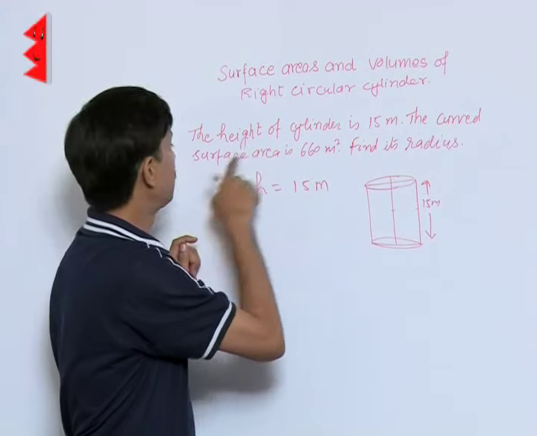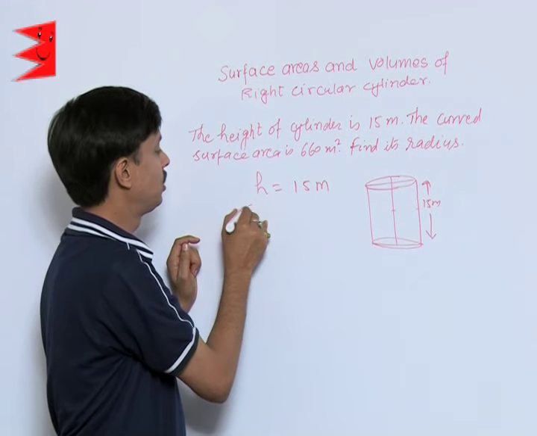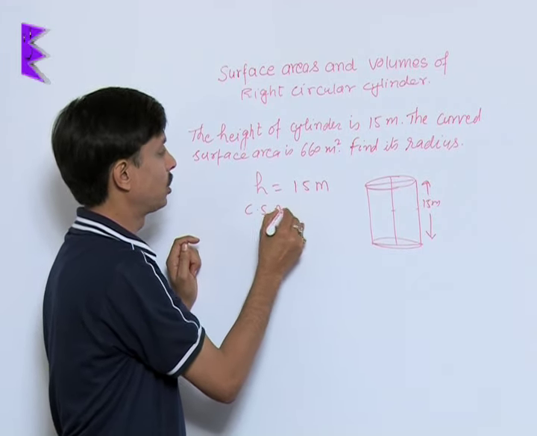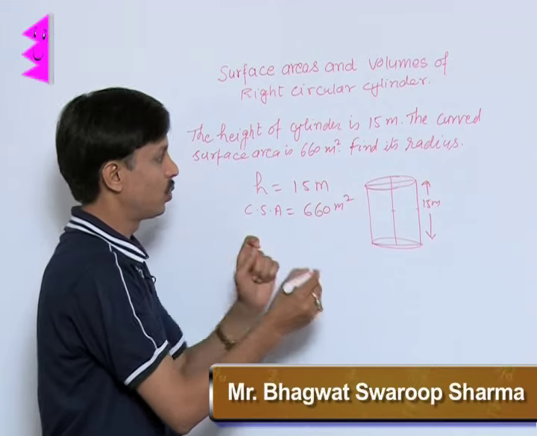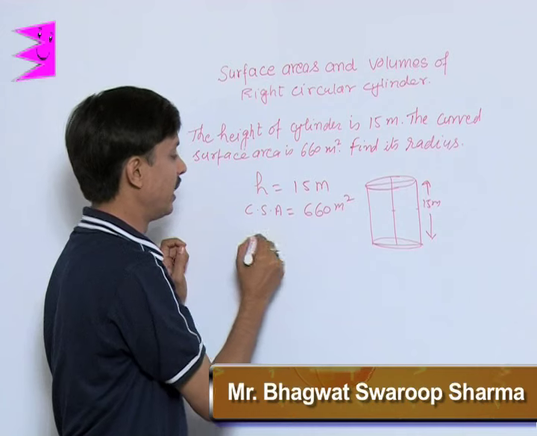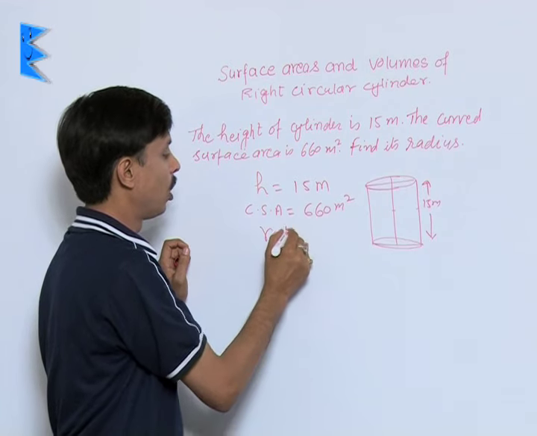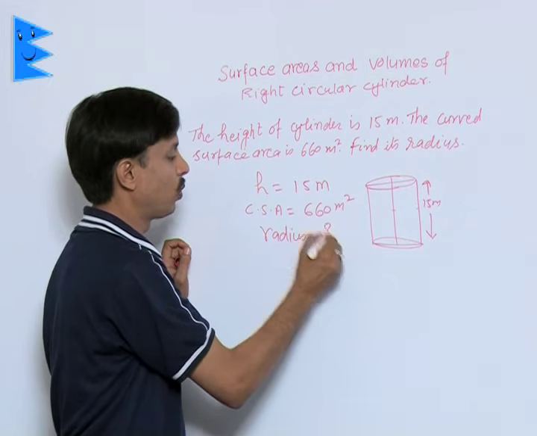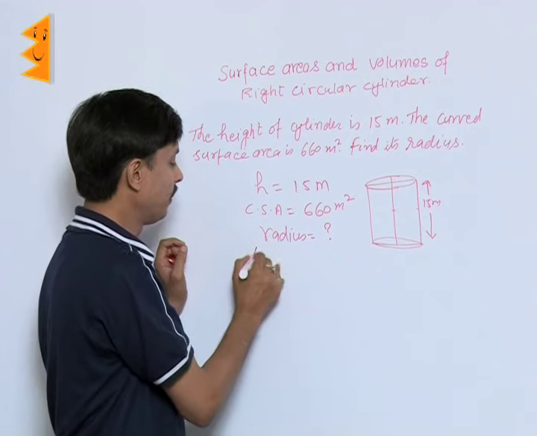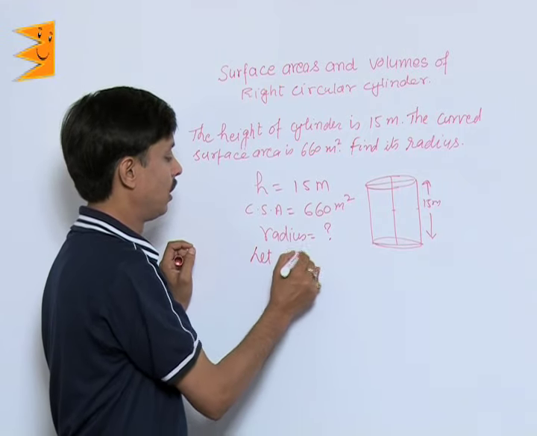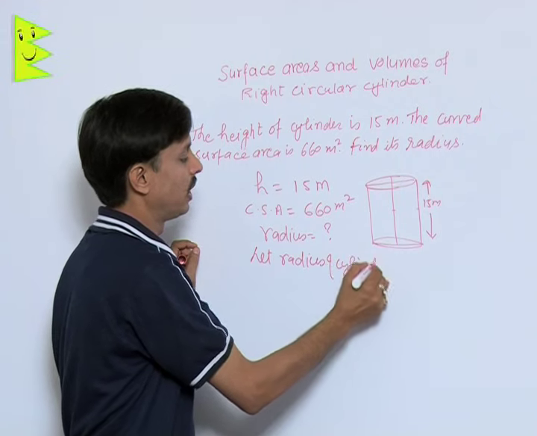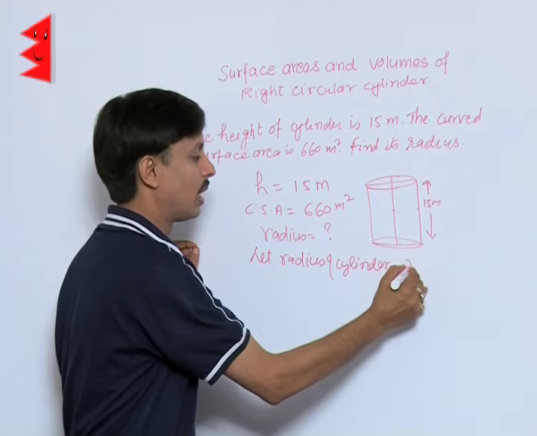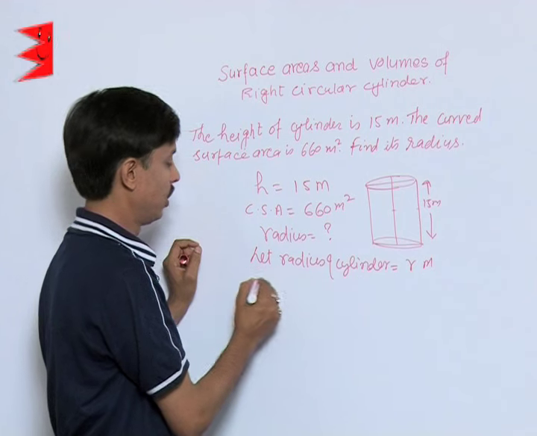The curved surface area, CSA, is 660 meter square. Find its radius. Radius of the cylinder is required. I am writing let radius of cylinder is r meters.